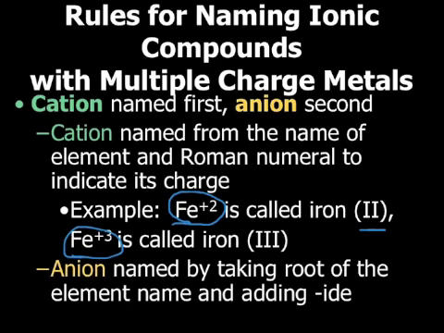So when we write the name for a compound that has iron in it, we have to use a Roman numeral to specify whether that is iron 2 or iron 3. And the anion is still named by taking the root and adding IDE. So really the only difference is including a Roman numeral in the name.